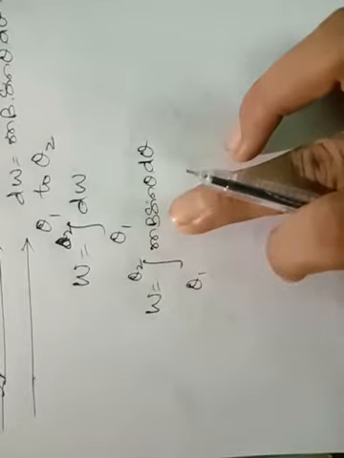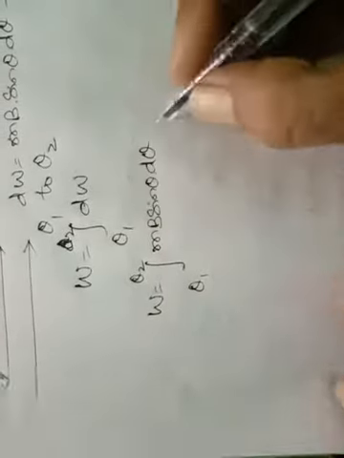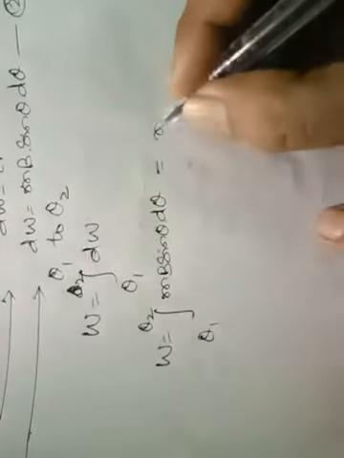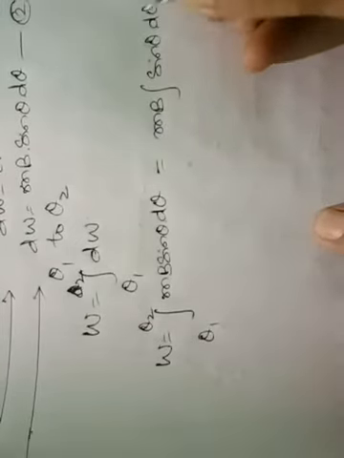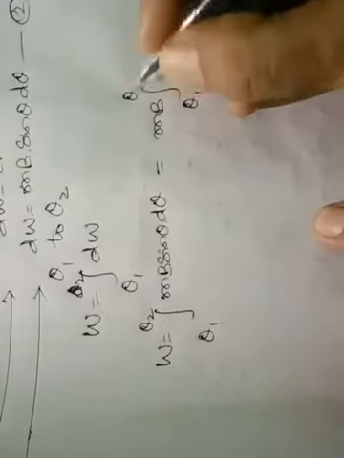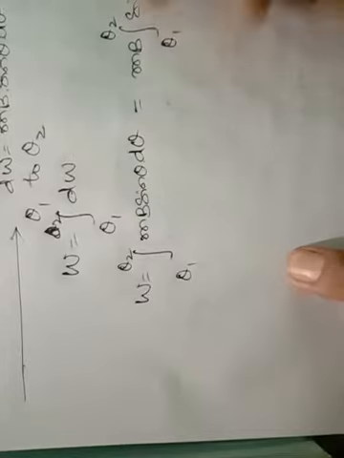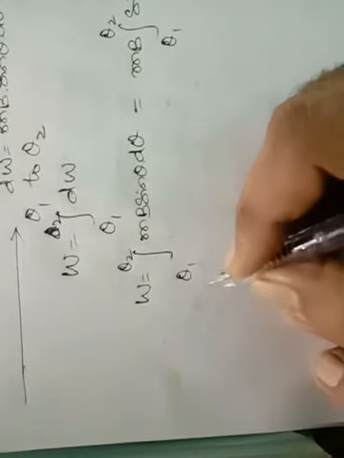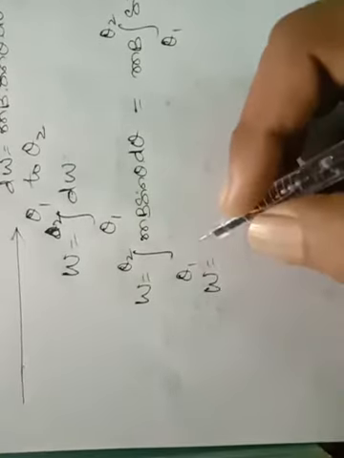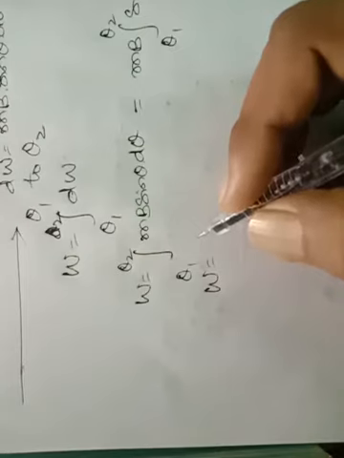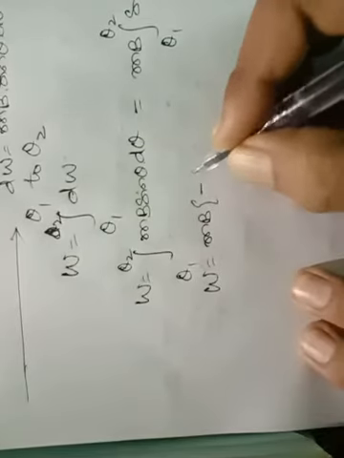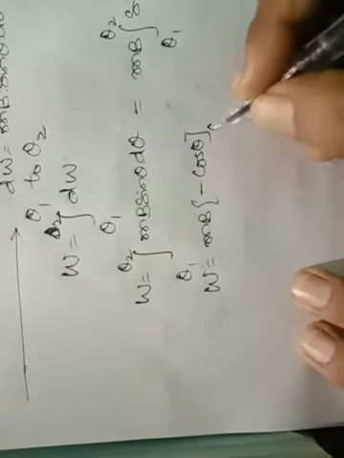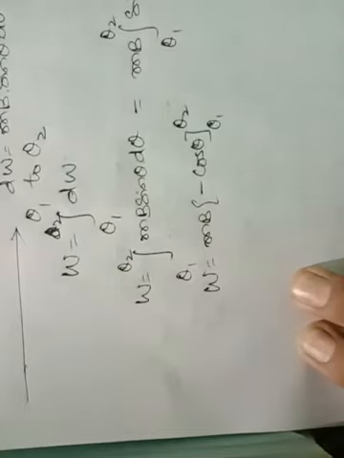Now mB is a constant, so we write mB times the integration of sin theta d theta, with limits theta 1 to theta 2. What is the integration of sin theta? Minus cos theta. So we keep mB as it is, with minus cos theta from theta 1 to theta 2.